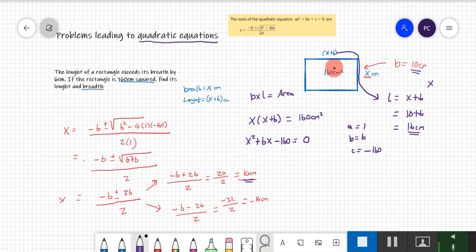The breadth is x centimeters and the length is x plus 6 centimeters, so if we multiply these by each other, it has to be equal to 160 centimeters squared, because that's what the question tells us here. Then we developed our quadratic equation out of it. Remember, when we write a quadratic equation, if we want to use the quadratic formula, we have to write it in this particular form, and that's what we've done here. Then we used the quadratic formula to solve for x. So that is problems leading to quadratic equations.